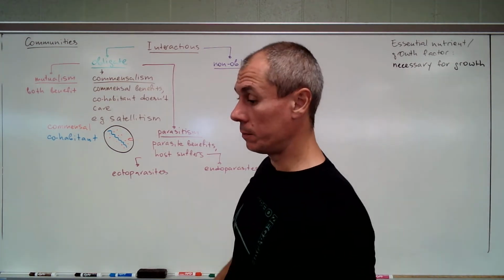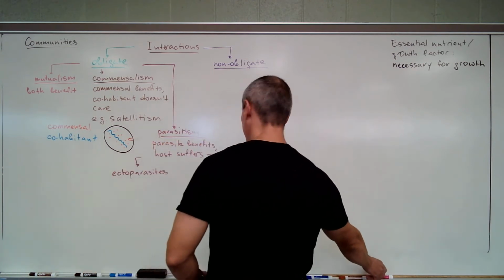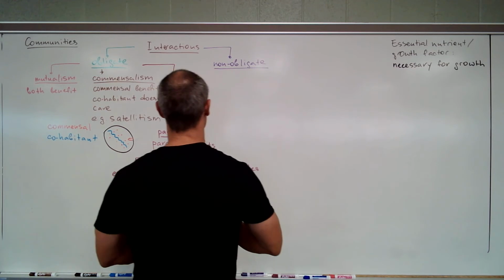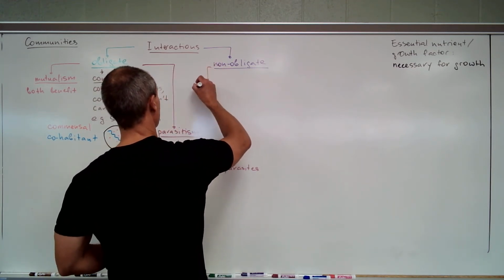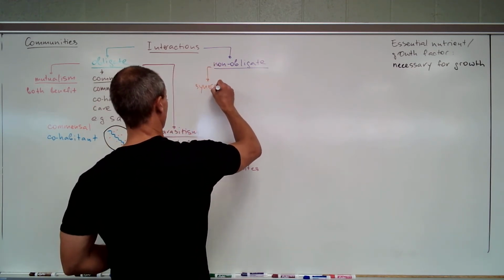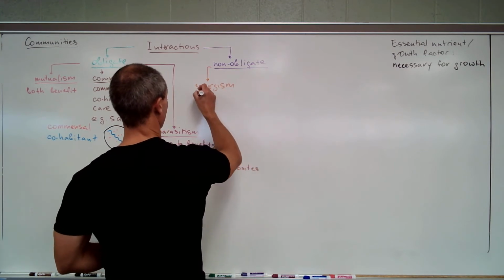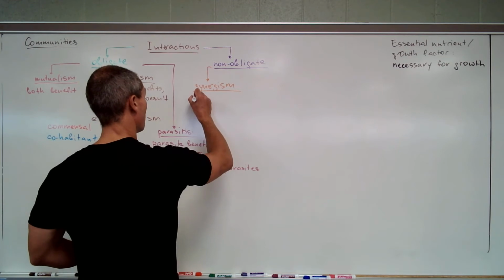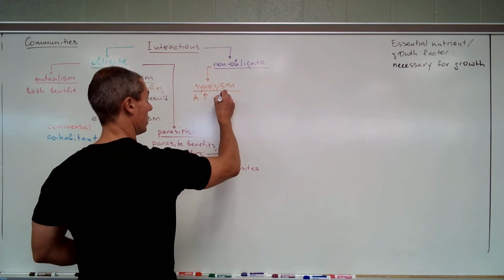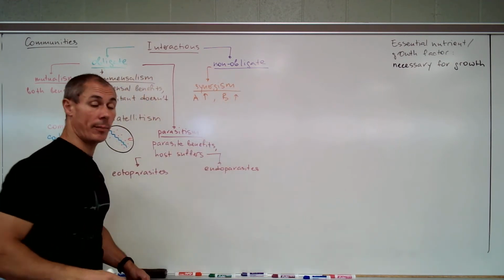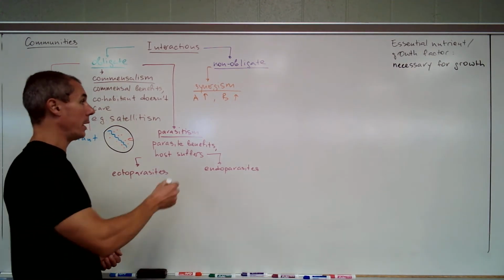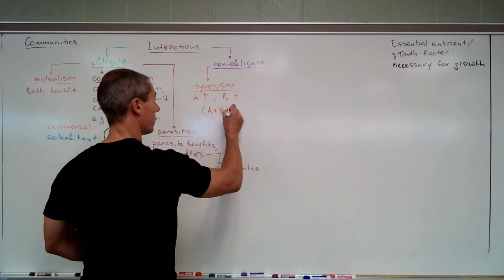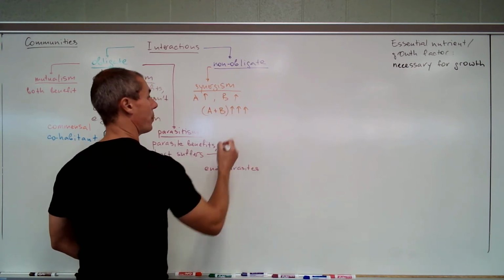Okay, what about the non-obligate relationships? So here, you're going to have synergism, okay, so when A can grow and B can grow, two microorganisms, they both can grow, but when you put them together, they grow much better.